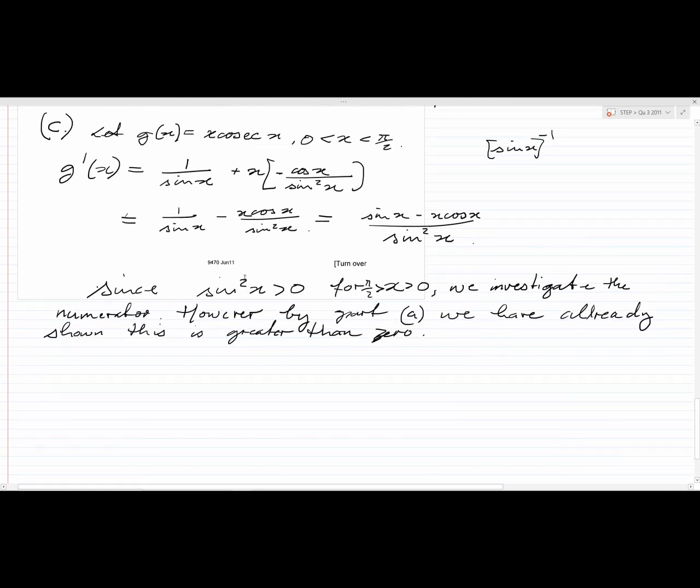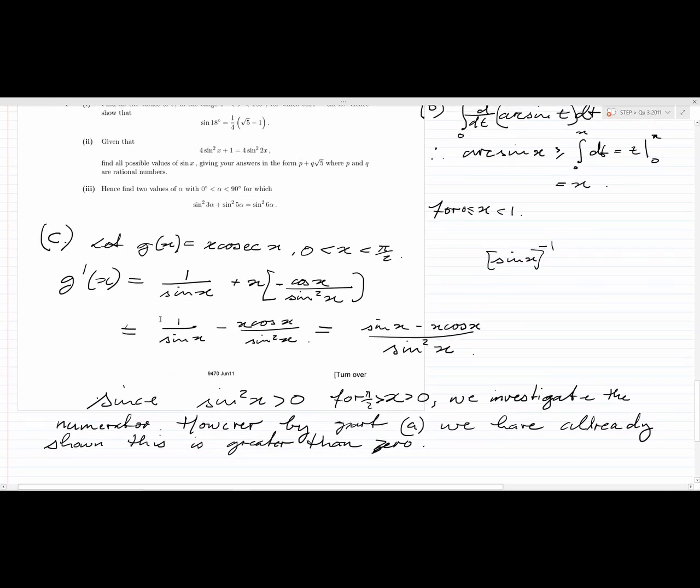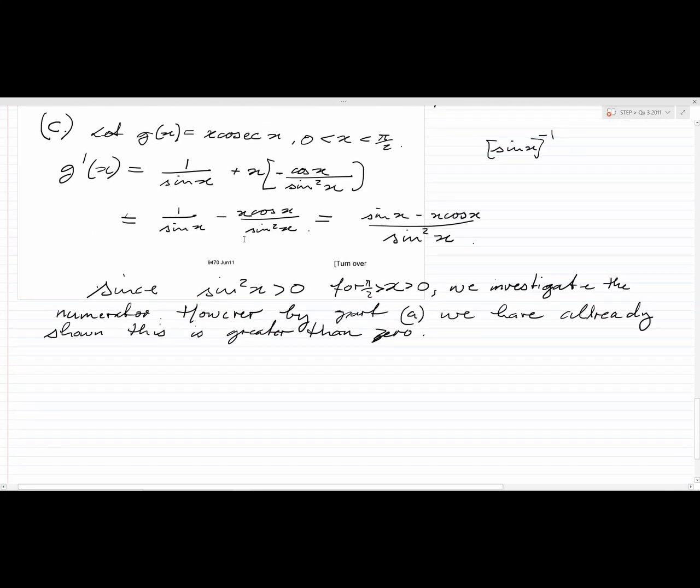Let's think about what we've just shown as well. We've shown that g prime of x is greater than 0, implying that g of x is increasing. Now let's think about what this actually means. Let's write that down.